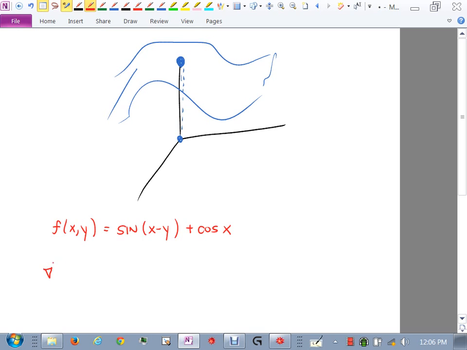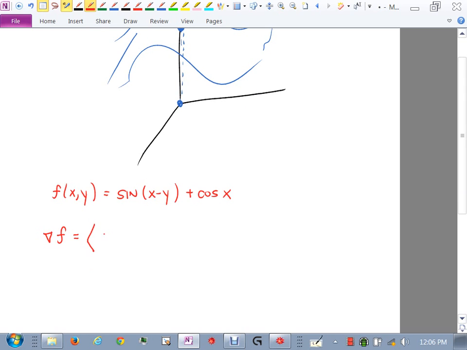The gradient of this is equal to the partial with respect to x, which would just be cosine x minus y, minus sine x. So I'm just taking the derivative of this with respect to x. Derivative of sine of something is cosine of that something. Derivative of what's inside of here is just 1, right, with respect to x. And then derivative of cosine x is negative sine x when you're taking derivative with respect to x.